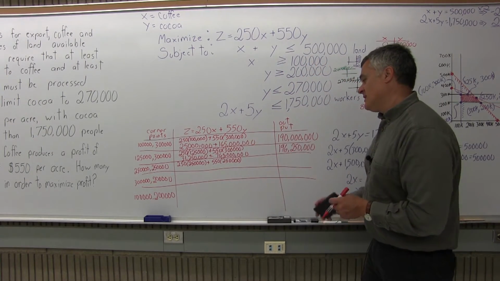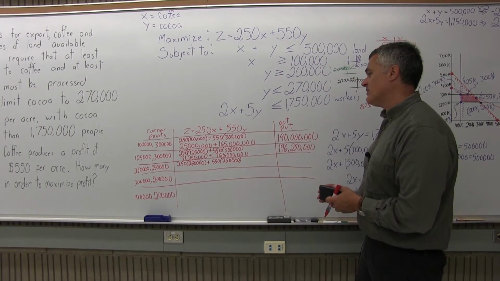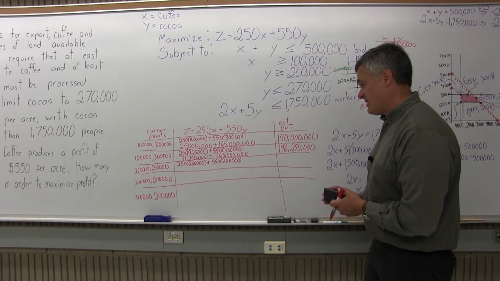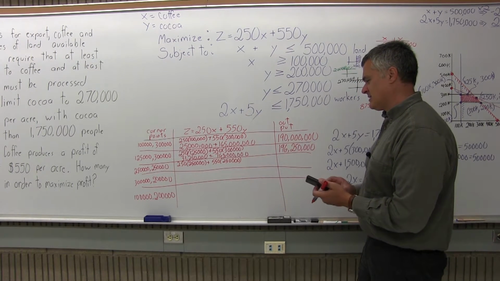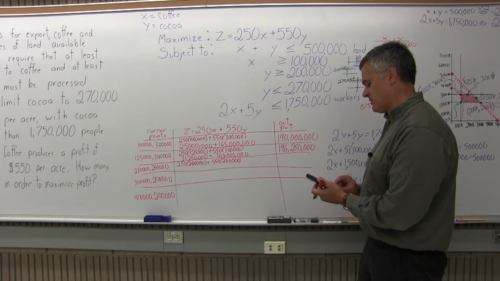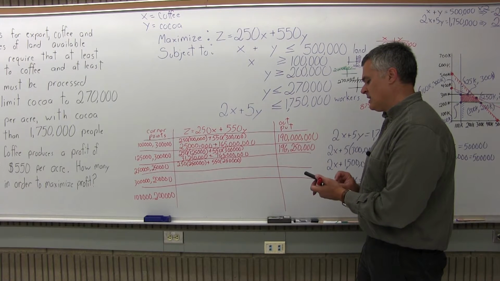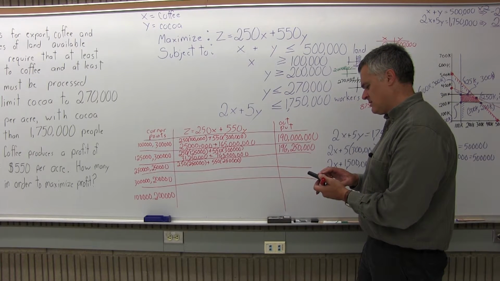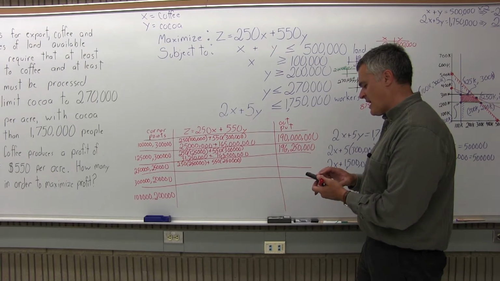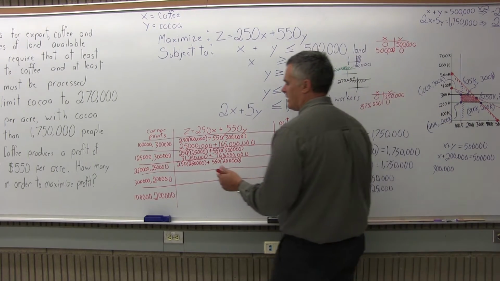So 250 times 250,000, I think is 625 million. Let me try that. 250 times 250,000 is, I don't know, it's 62,500,000. I missed a spot.